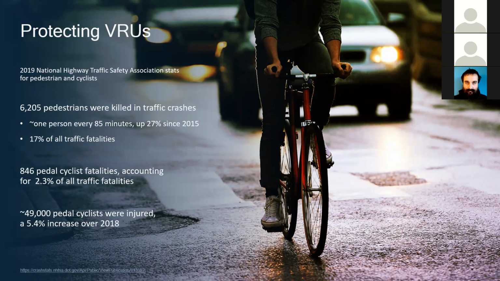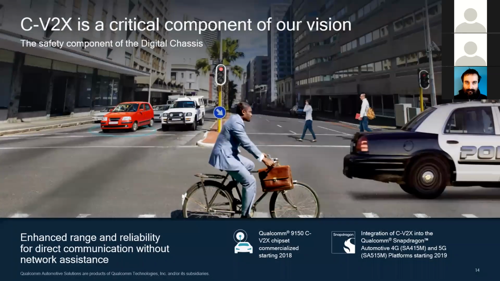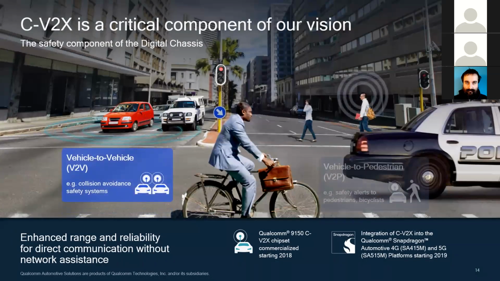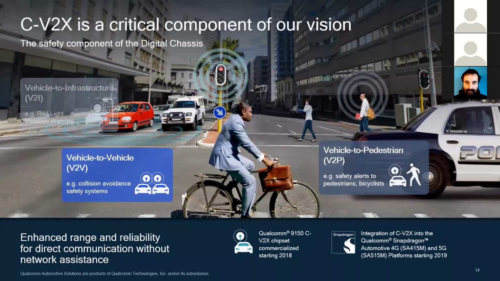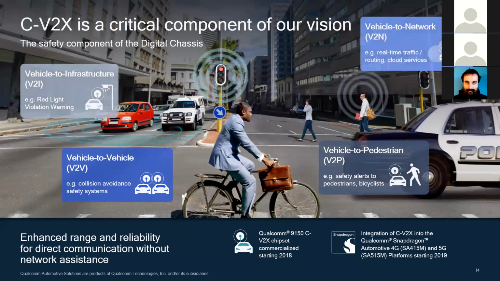If we can somehow enable the phone to talk to the car, with an application that notifies the car about the presence of the VRU, then that can also greatly benefit everyone. So this slide recaps the four components of V2X communication: V2I, V2V, V2P, and V2N.